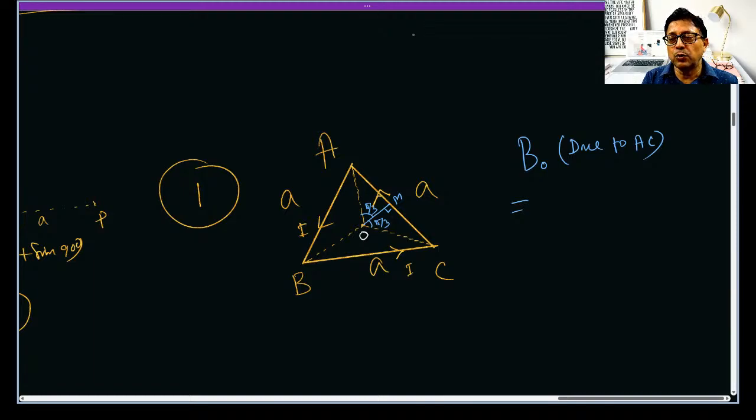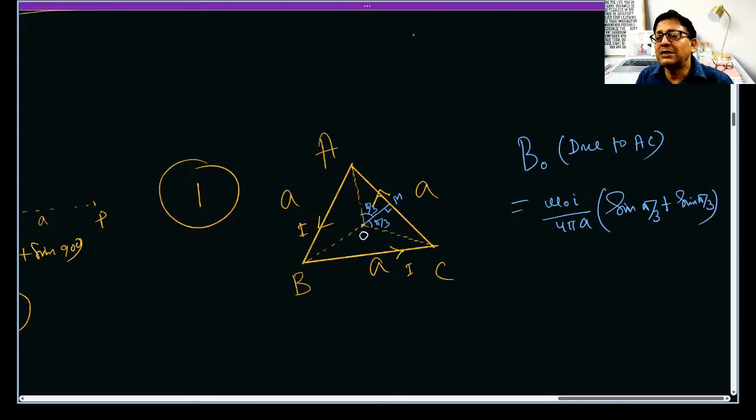So B at O due to AC will be mu 0 I by 4 pi A, sin pi by 3 plus sin pi by 3. Because all those directions, minus plus, we are not thinking, just sin theta 1 plus sin theta 2. Whatever theta 1 is there, you put it.